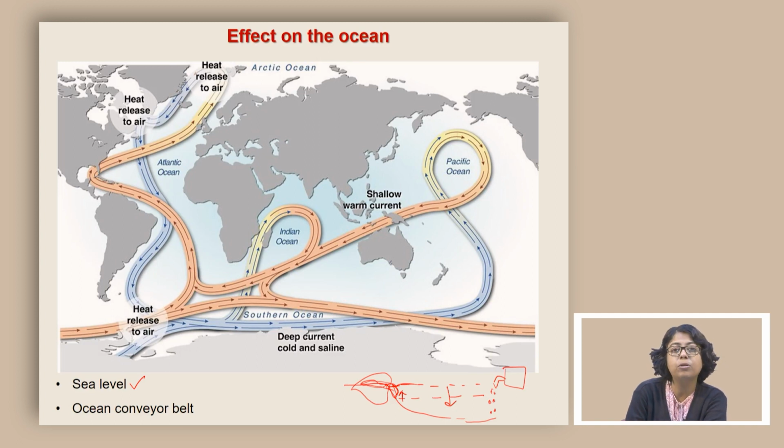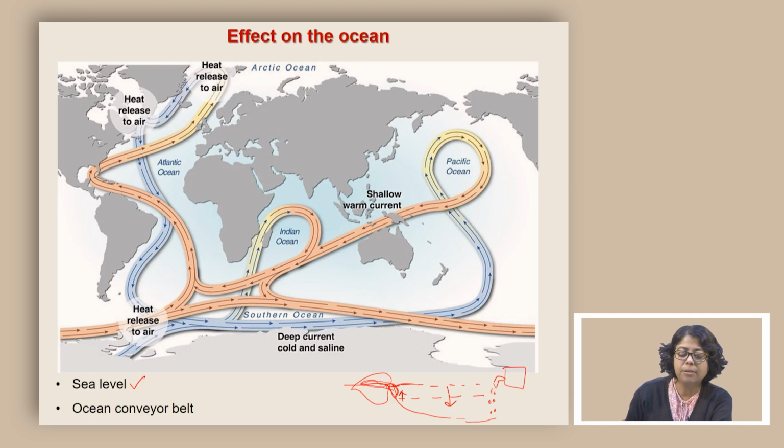The second important component is the ocean convection system. So, the ocean is not a static body. The ocean water constantly moves, and there is a pattern in which it moves, and that pattern is primarily guided by the temperature as well as the salinity of the water.